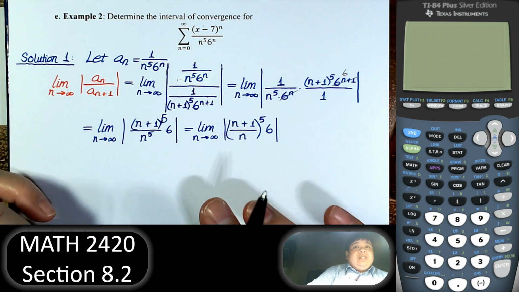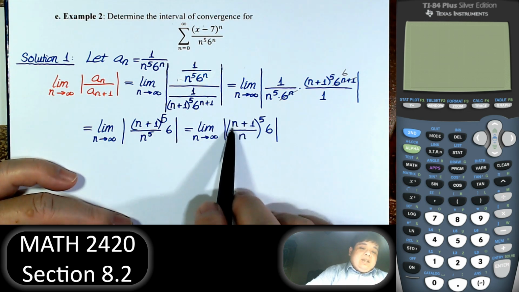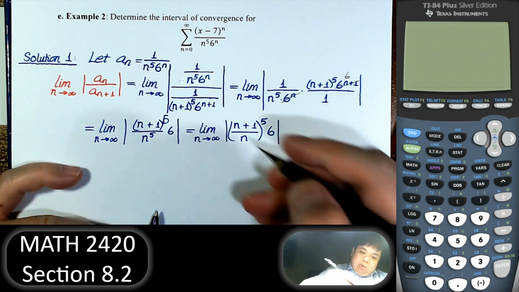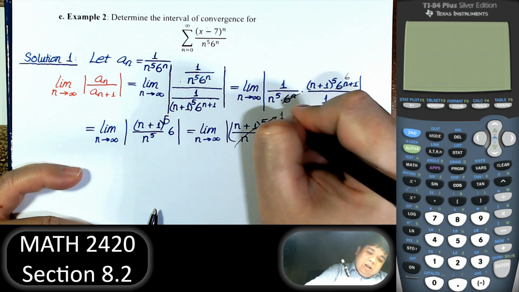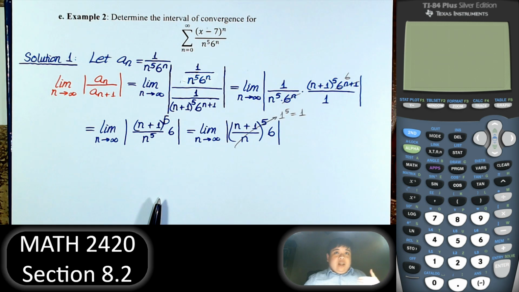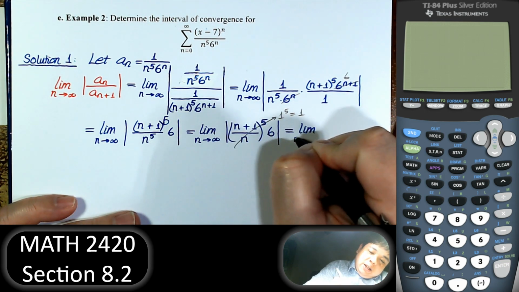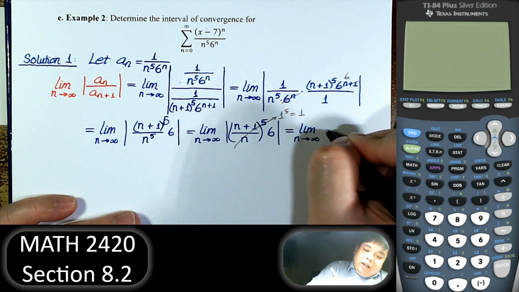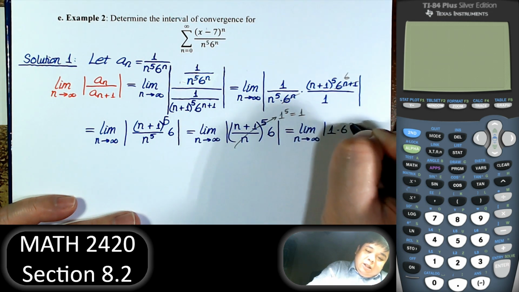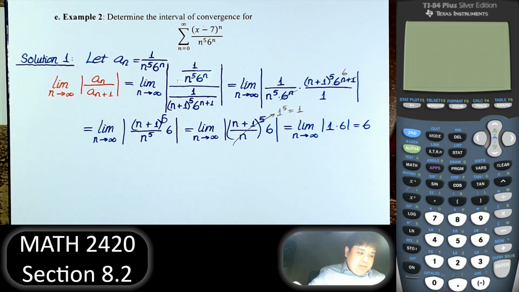Infinity plus 1 is the same as infinity. So in that case, the inside is just 1. So all of this we have 1 to the 5th power, which is 1, because as n goes to infinity, n plus 1 is equal to n. So we have the limit as n goes to infinity of 1 times 6, which is equal to 6. So the radius of convergence is 6.